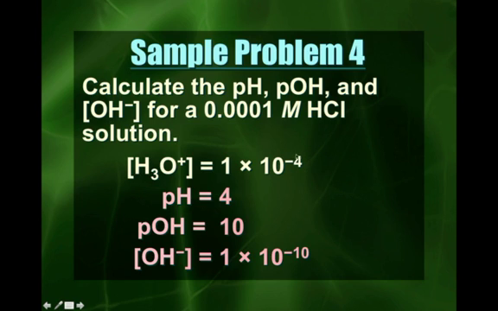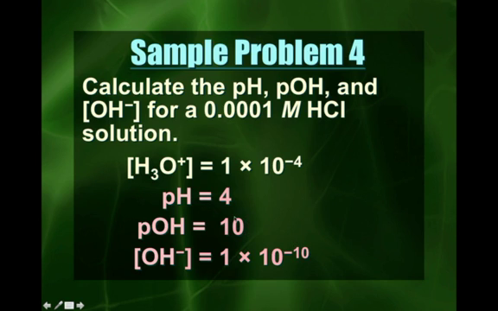This exponent, the negative exponent, you change it, make it positive, and pH and hydronium go together. And then you have what plus 4 is equal to 14, because the pH plus the pOH is 14. So that'd be 10. And then this has this same relationship. The 10 has the same relationship to the 4 and to the negative 4. So hydroxide would be equal to 1 times 10 to the negative 10th.